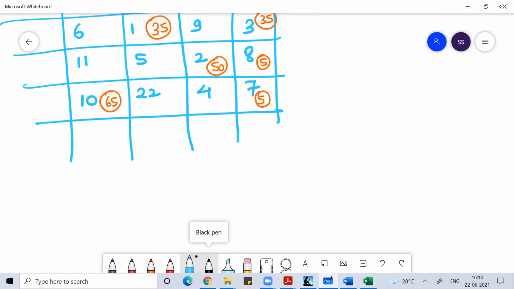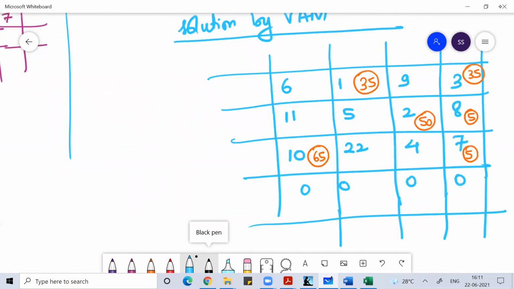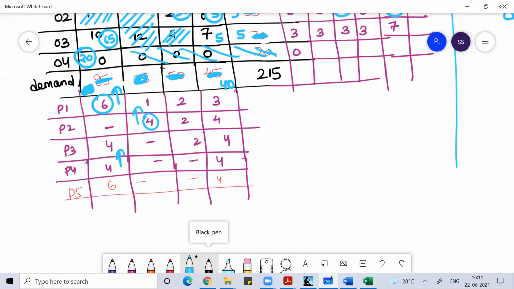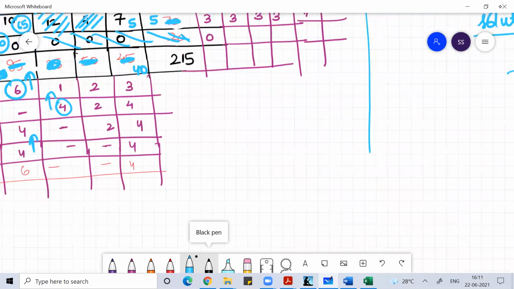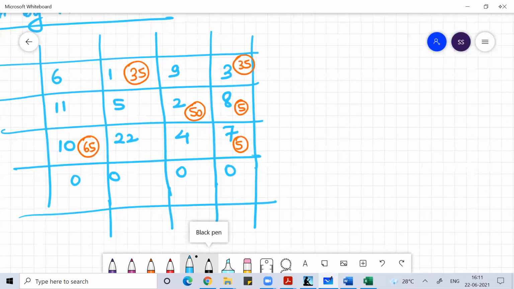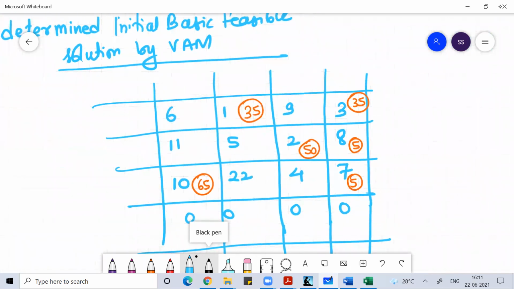Then we had 0, 0, 0, right? We made a dummy row. On the first 0, the allocation was 20.